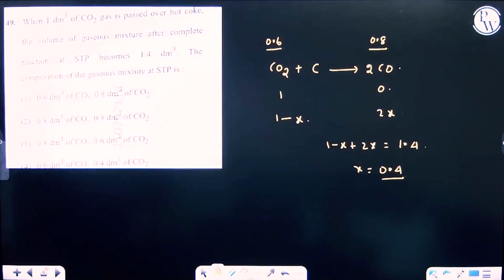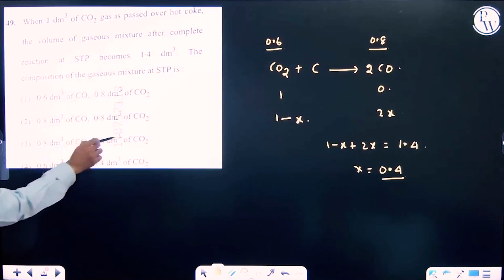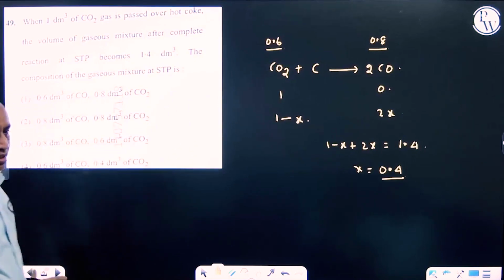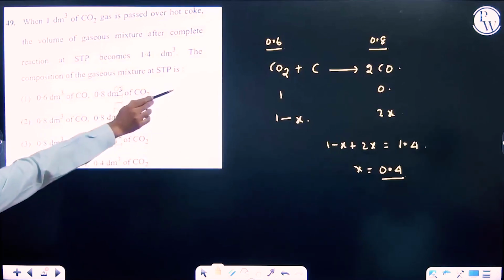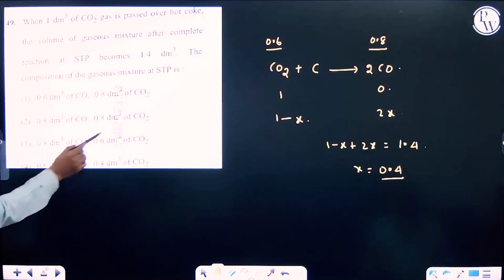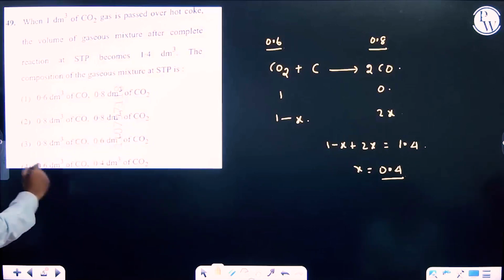You need to be careful that carbon monoxide is 0.8 and carbon dioxide is 0.6. Generally people may go wrong when they are asked the amount of carbon dioxide. You need to choose the options carefully, based on what is being asked and what we have identified. So 0.8 is the carbon monoxide formed and 0.6 is the carbon dioxide remaining, and hence you need to go by this.